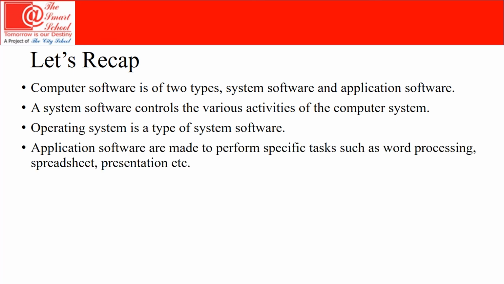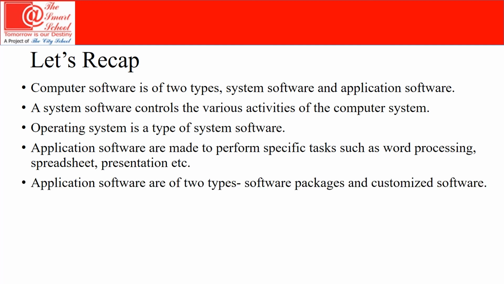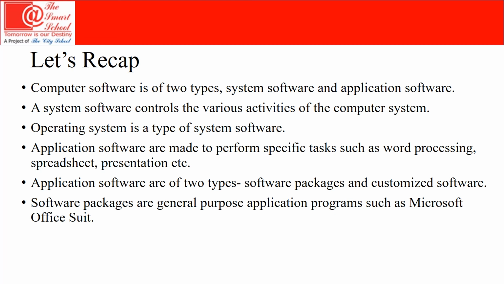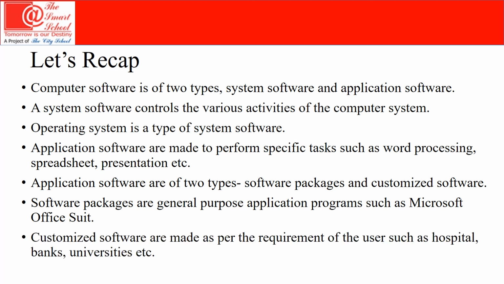An application software is made to perform specific tasks such as word processing, spreadsheet, presentation, etc. An application software is of two types, software packages and customized software. Software packages are general purpose application programs such as Microsoft Office Suite. Customized software are made as per the requirement of the user, such as hospital, bank, universities, etc.